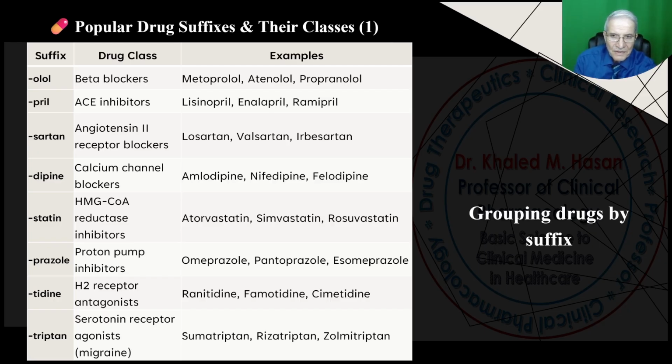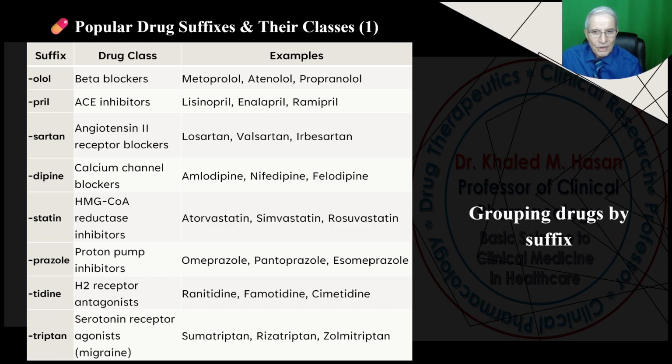Another suffix is -sartan, and when a medication ends with -sartan, we link it to the angiotensin 2 receptor blockers. We have losartan, valsartan, irbesartan, telmisartan, and others, and these are considered ARBs, angiotensin receptor blockers. Another suffix is -dipine.